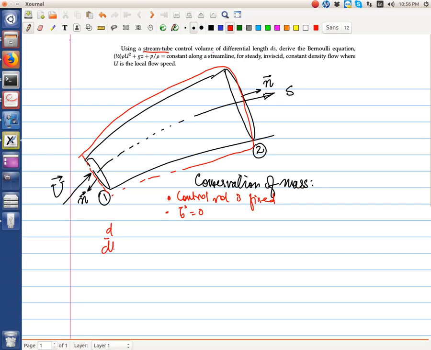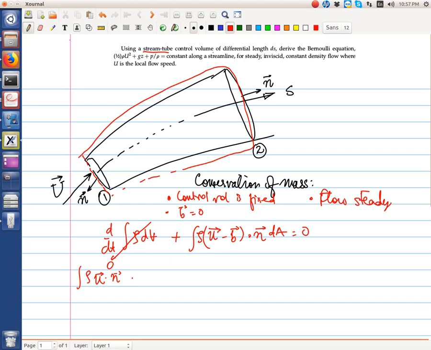So we have d/dt of integral rho dV plus integral rho (u minus b) dot n dA equal to 0. Because the flow is steady, we have this term vanishing. So essentially, upon setting b equal to 0, we have integral rho u dot n dA is equal to 0.